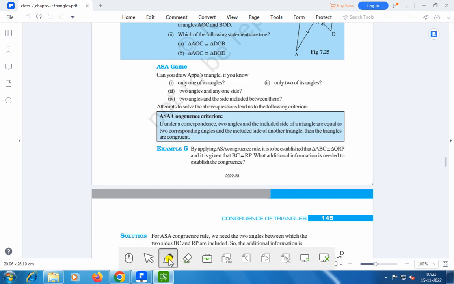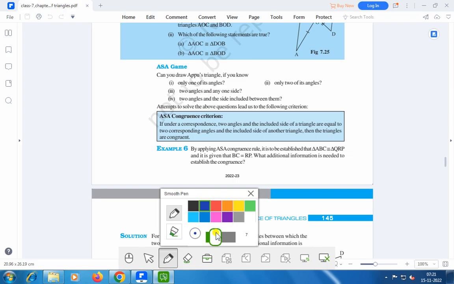Let us take another triangle. Suppose there is a triangle here, and there is another triangle here. This is ABC, A, B, C, and this is suppose DEF.